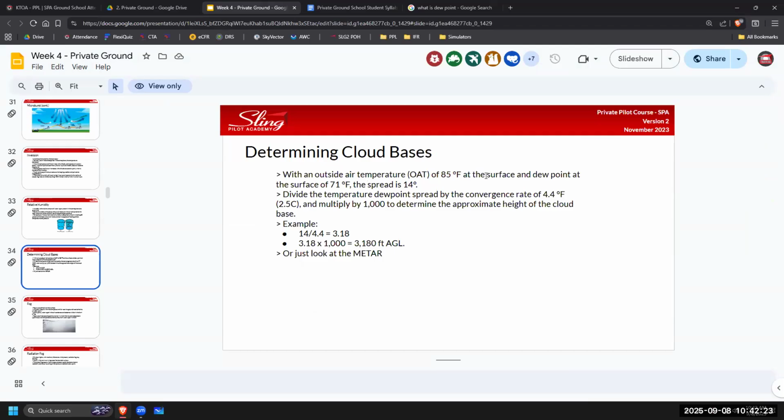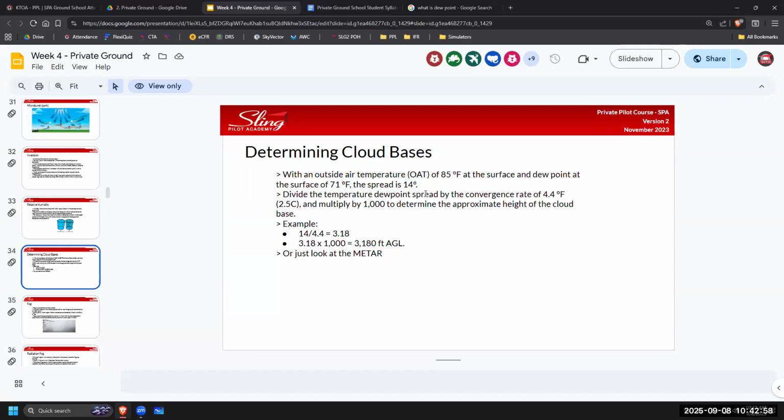The temperature at the surface is 85 degrees Fahrenheit and the dew point is 71 degrees Fahrenheit. So the spread that they're talking about is that temperature dew point spread, the difference between the outside air temperature and the dew point. Is that understood? Because they started talking about spread and we haven't even talked about what a temperature dew point spread is.